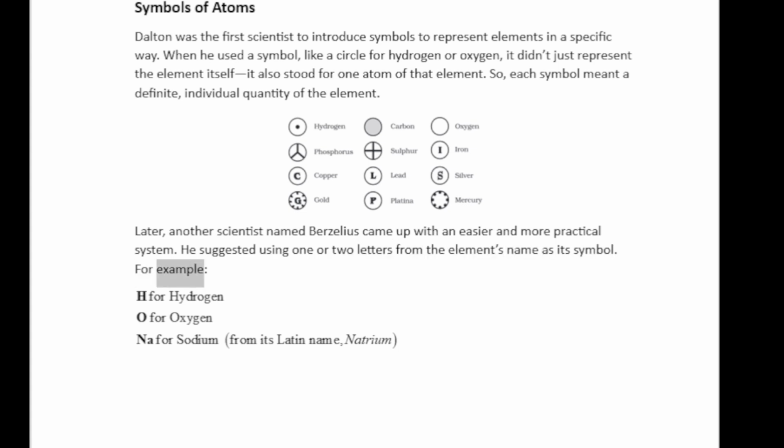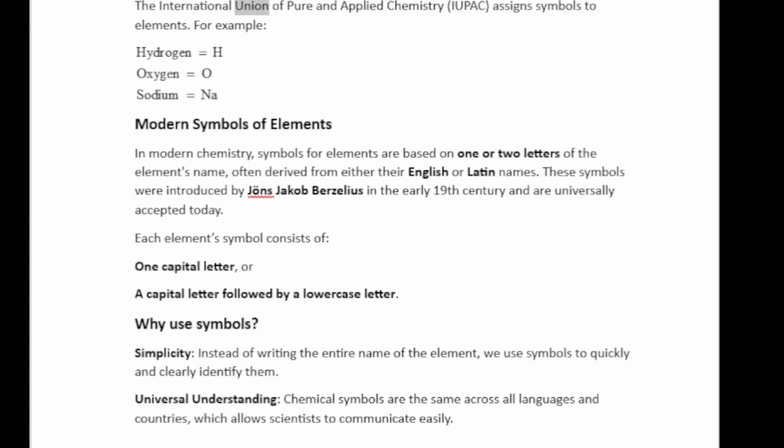The International Union of Pure and Applied Chemistry, IUPAC, assigns symbols to elements. Modern symbols of elements. In modern chemistry, symbols for elements are based on one or two letters of the element's name, often derived from either their English or Latin names.